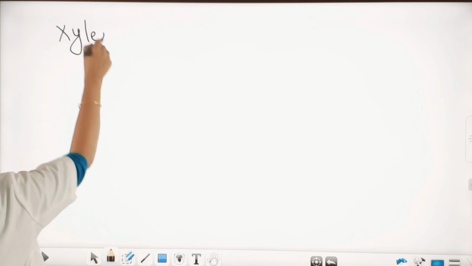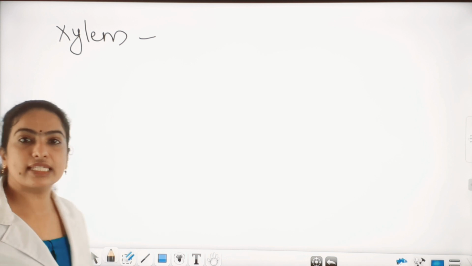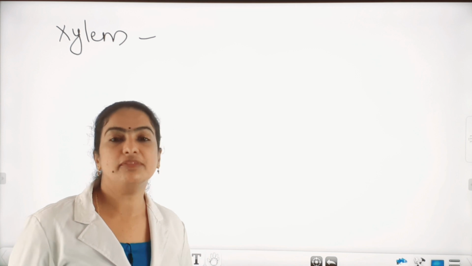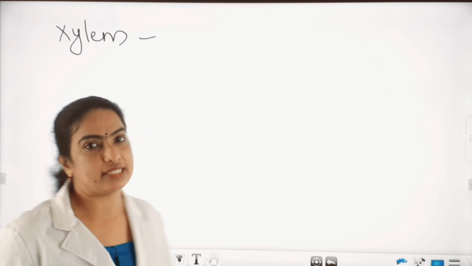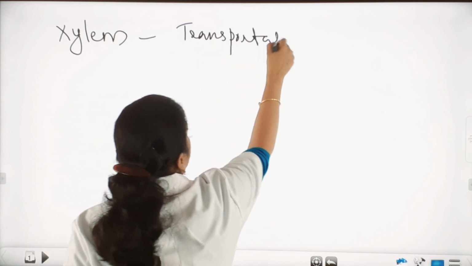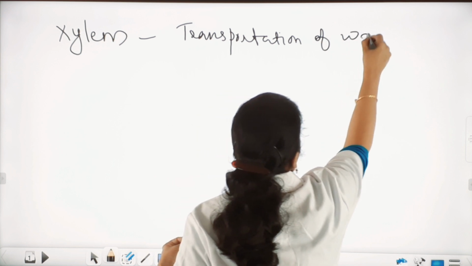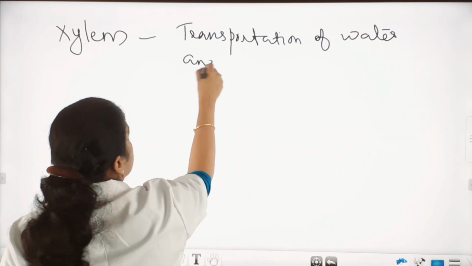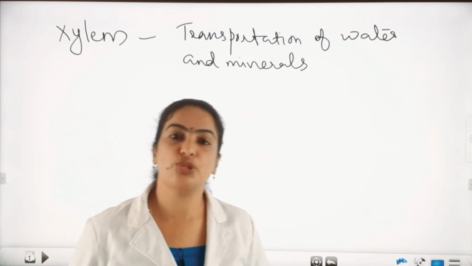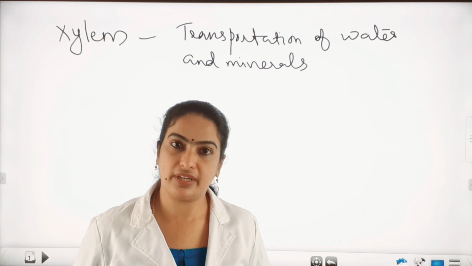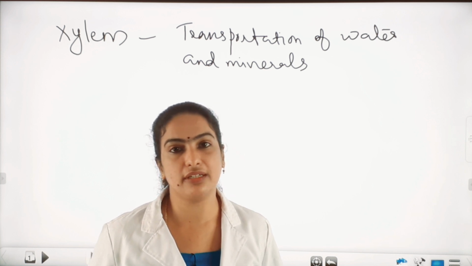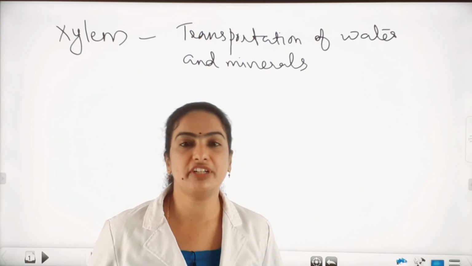First we can see xylem. Xylem is a vascular tissue in plants and it transports water and minerals. It helps in the transportation of water and minerals from the roots to different parts of the plant body.